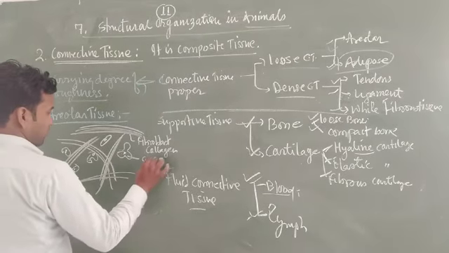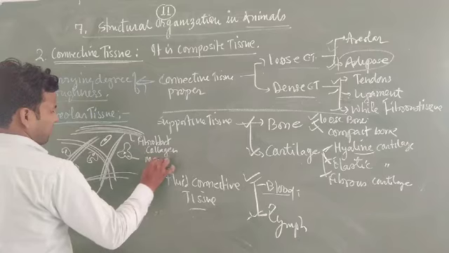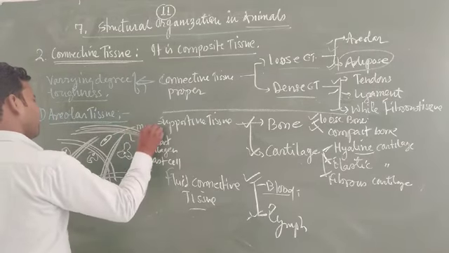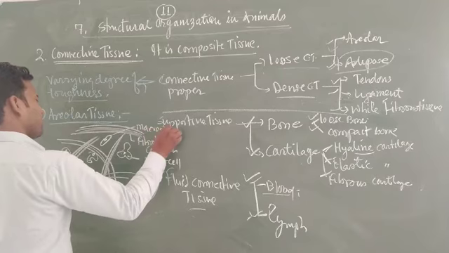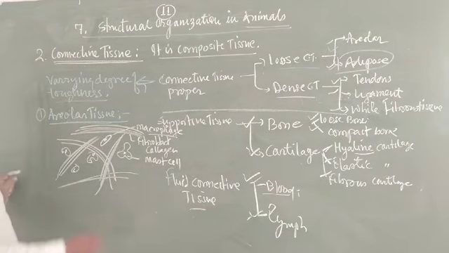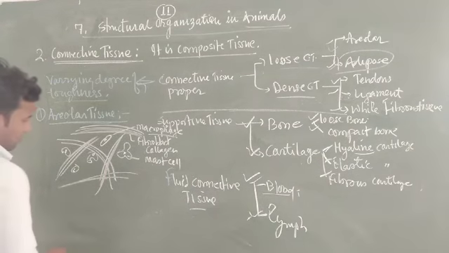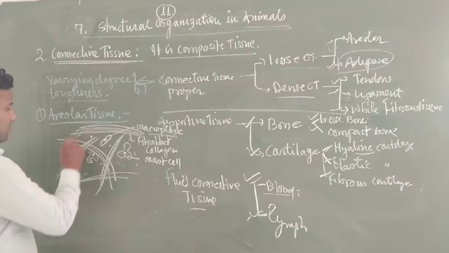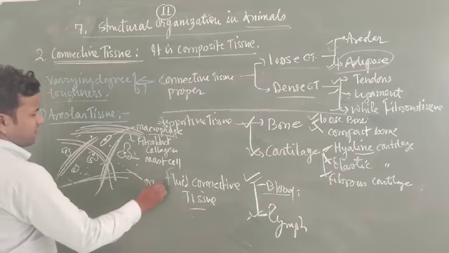Suppose this is a mast cell and this one is a macrophage. And what are mast cells and macrophages? Both are WBC type of cells present in this case. The liquidy material filling the space is called matrix.